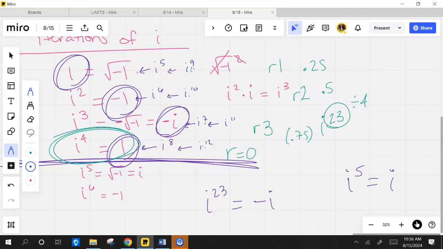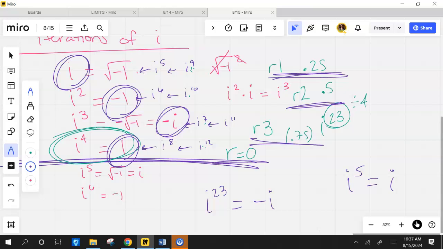All right, so look, write this down. This is the part that goes with it. It's going to help you remember. It's like a quarter, because 4 quarters make $1. Whatever's left, that tells you how many. So if it's a remainder of 2, that says go to the second iteration.